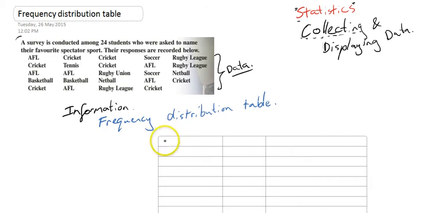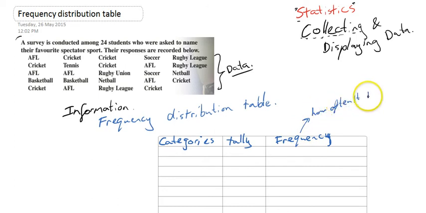The first column is going to be our categories. This is where we're going to put our tally marks, and this is going to be our frequency. Now the word frequency in this particular instance means how often it happens.